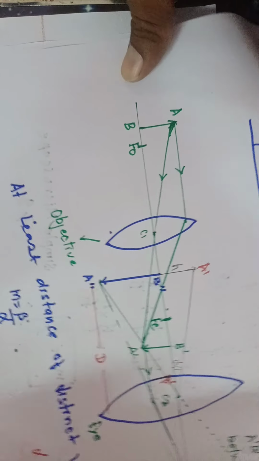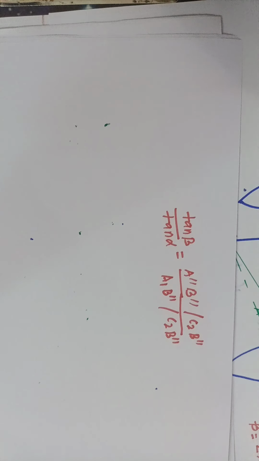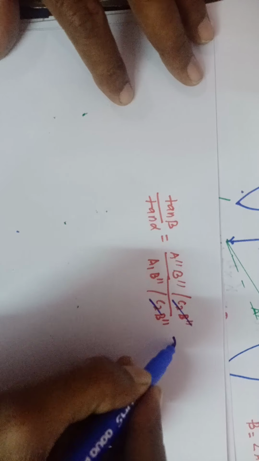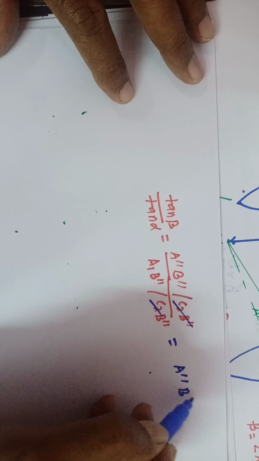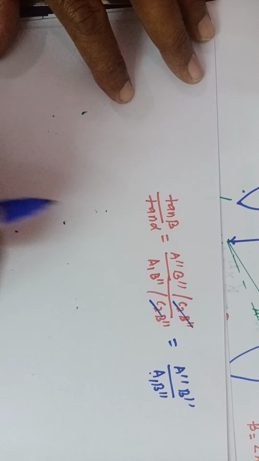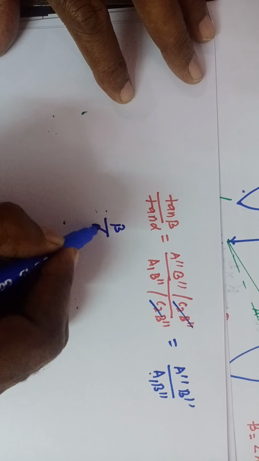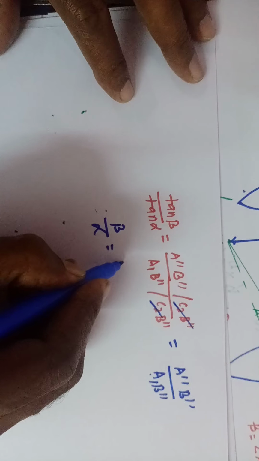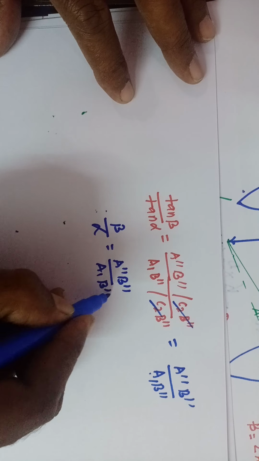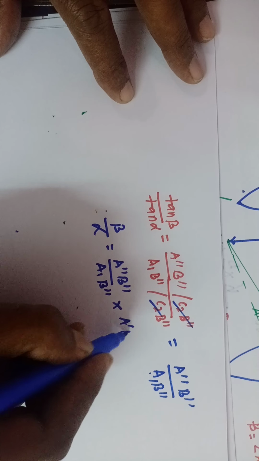See this way, this is the diagram. This diagram we will keep here. Now C2 B double dash will cut. It will become A double dash B double dash upon A1 B double dash. So beta upon alpha, we will write beta upon alpha, and then multiply numerator and denominator by A dash B dash.